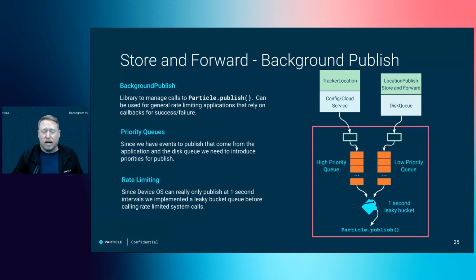And so the queue can be sized to tens of messages, hundreds of messages, thousands of messages, depending on the configuration that you set. And so you can imagine that as it's unloading this disk queue, there could be quite a bit of data that is sent out. So we just wanted to introduce that priority queue to make this easier.